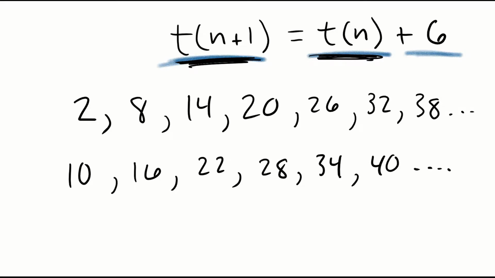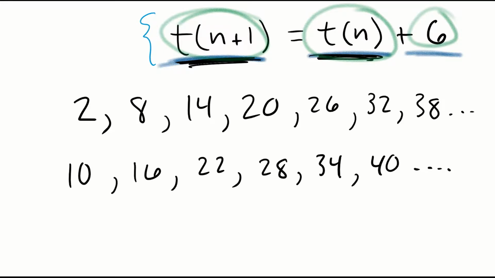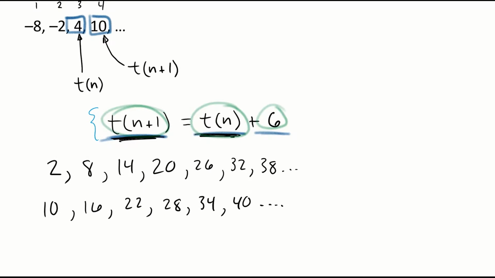So having the recursive rule, this rule that says in order to get to the next value in your sequence, take the value that you're at and add 6 more, that's not enough. It's not enough because it applies to this sequence, this sequence, and this sequence.